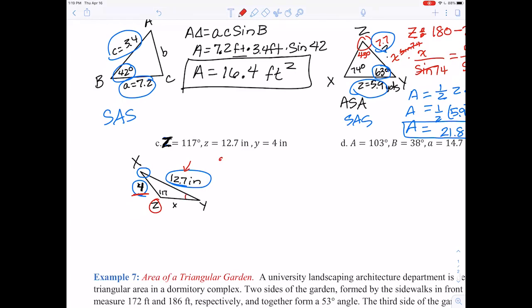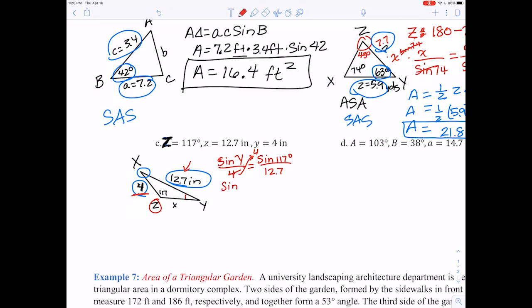So here's my intermediate step. I would use the sine of Y over side Y equals the sine of Z, so the sine of 117 degrees over 12.7 inches. And so I would do a little math there, multiply both sides times 4, cross multiply.